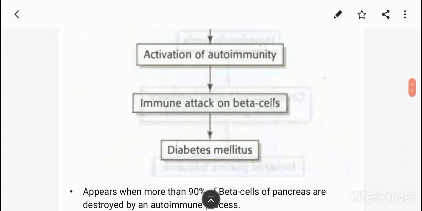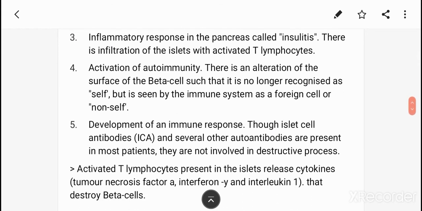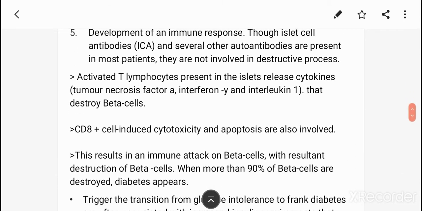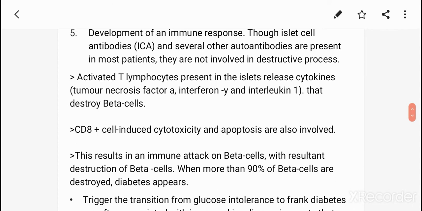In the fifth step, we have immune attack on the beta cells. So, there is development of an immune response. Though islet cell autoantibodies and several other autoantibodies are present in most patients, they are actually not involved in the destructive process. What causes the destruction are the activated T lymphocytes present in the islets, which release cytokines like tumor necrosis factor alpha, interferon gamma, and interleukin 1.